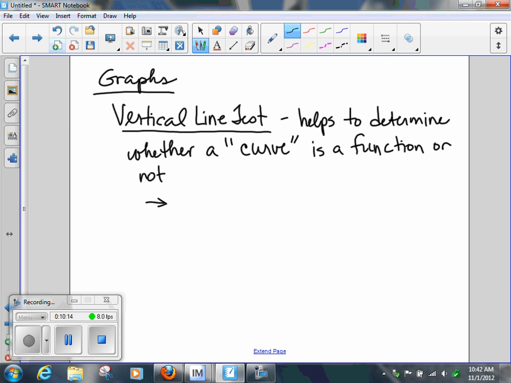I use curve loosely because some of these curves could be a straight line, but some of them are straight up curvy. And you'll see what I'm talking about here in just a second.